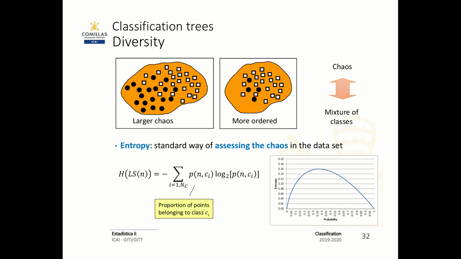For that we can use the entropy. The entropy is defined in this way. We have a number of classes, class 1, class 2, class 3, and at a particular node we have a proportion of class distributions.